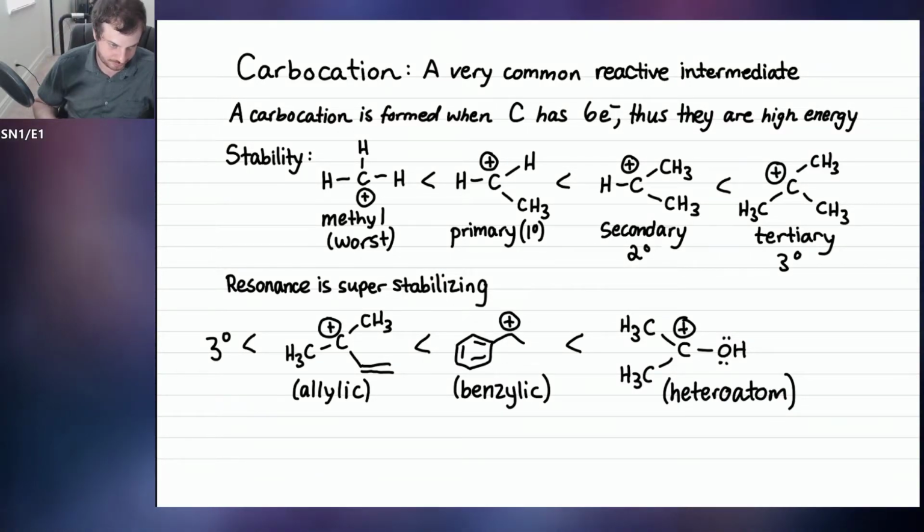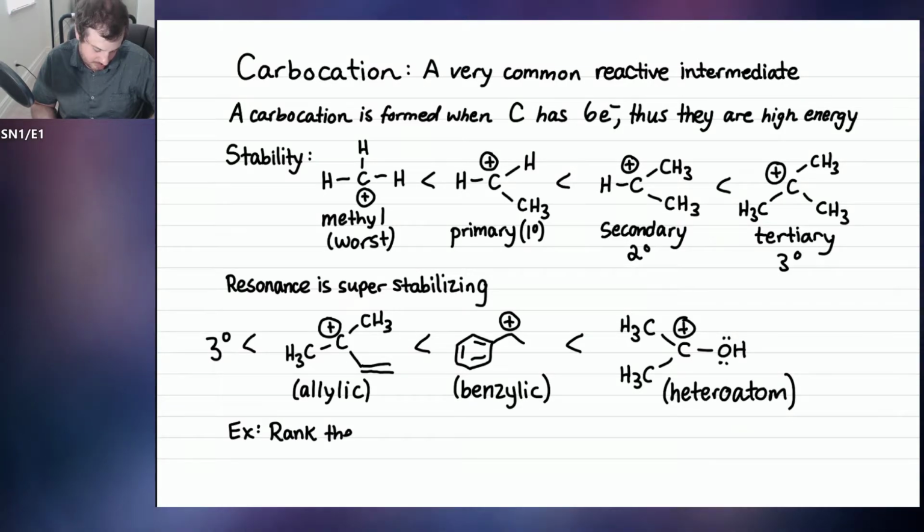All right. So let me show you an example of a quiz question or a test question that you might get. Something like, example, rank the following carbocations from least to most stable.